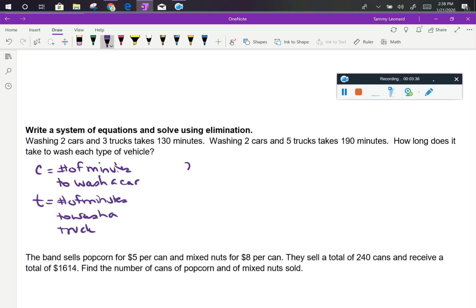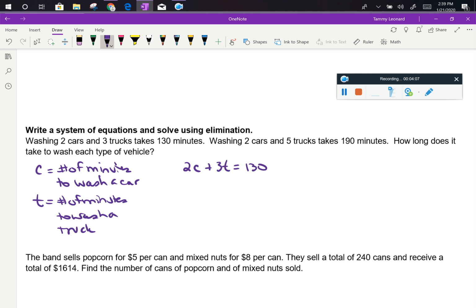Well, if I'm going to wash 2 cars at C minutes per car, then 2 times C would be the number of minutes that we spend washing cars. To that, I have to add the amount of time it takes to wash 3 trucks. Well, 3 times the number of minutes it takes to wash a truck would be how much time I spend washing those 3 trucks. And we're told that altogether, that takes 130 minutes. So that lets me build up my first equation.